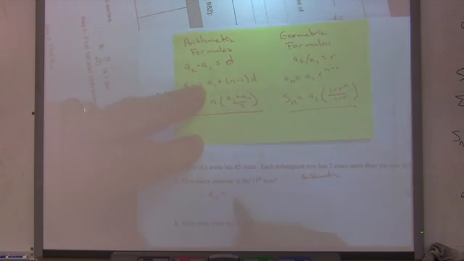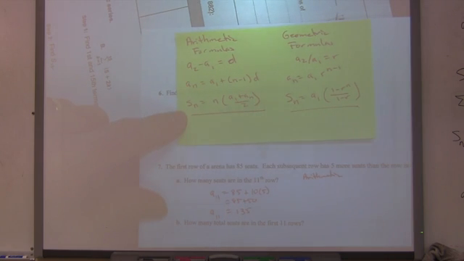So we plug in a sub 1, first row had 85. And then plus n minus 1, so 11 minus 1 is 10, times d, and our d was 5 more every time. And so 85 plus 50, or a sub 11, would be 135 seats in the last row.